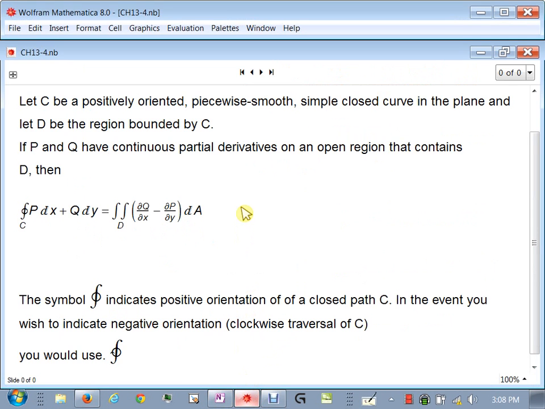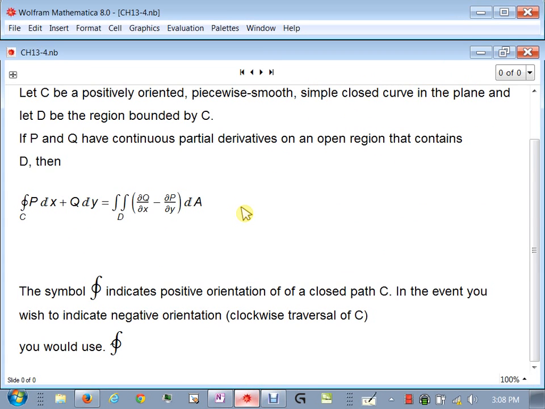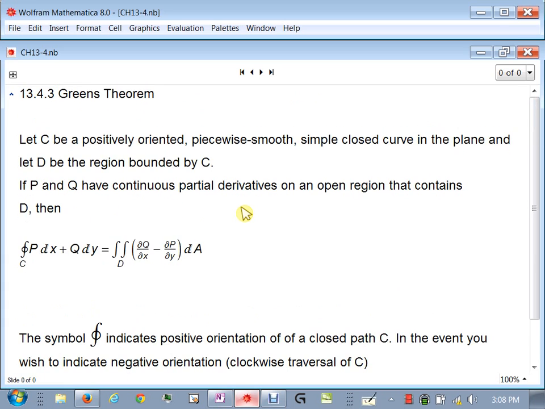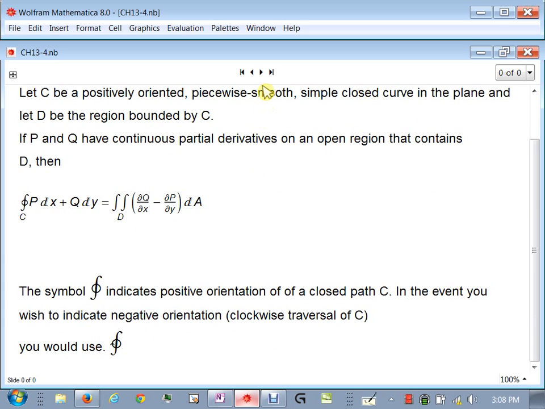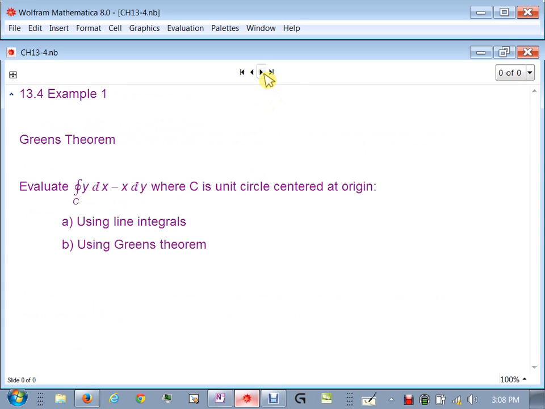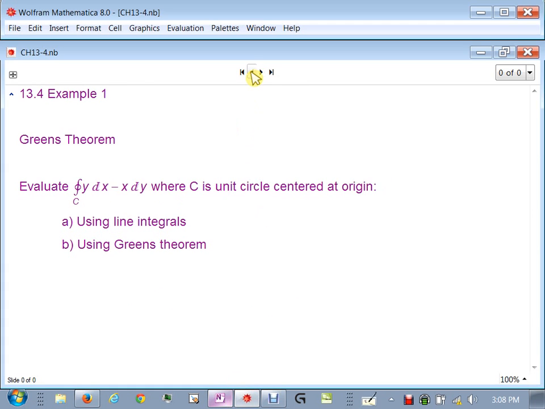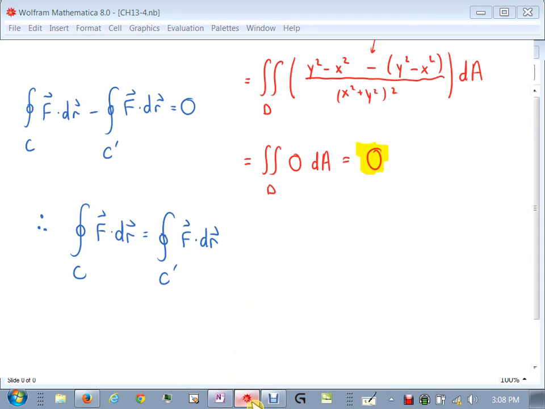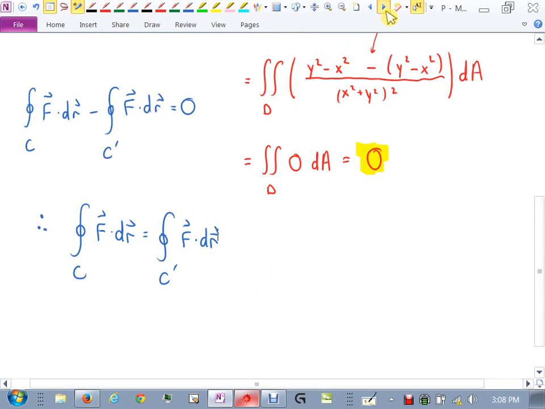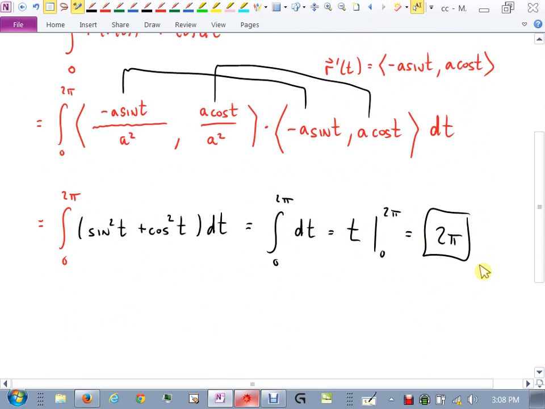No, because we didn't need it to be conservative here for this to work. Let me think about it, everyone, okay? Yes, but then our answer here should have been 0, right?